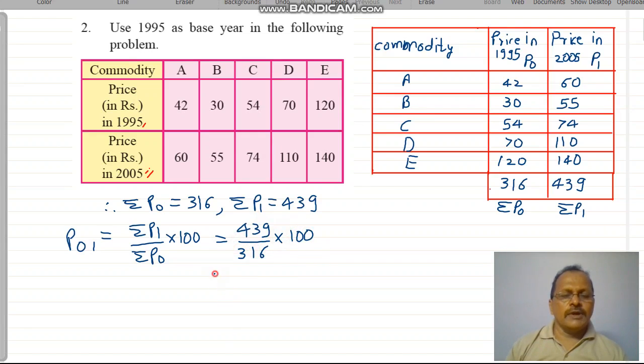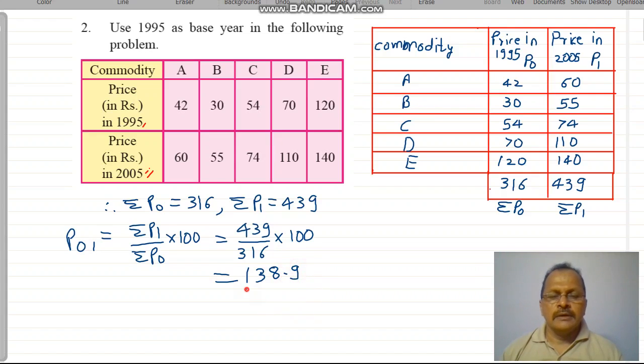It is equal to, using log tables, the answer is 138.9. Using log table I can go up to 4 digits only. 138.9 is the price index number using simple aggregate method.